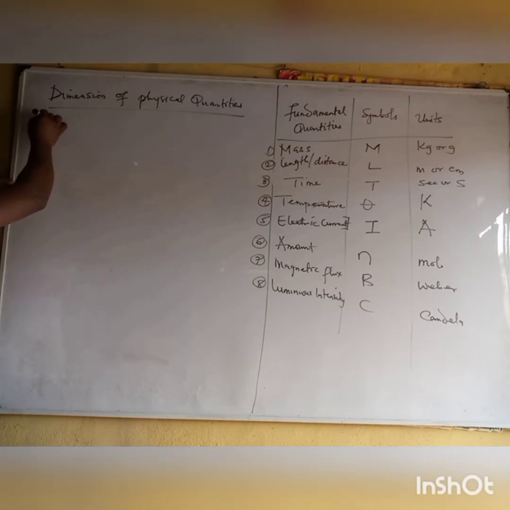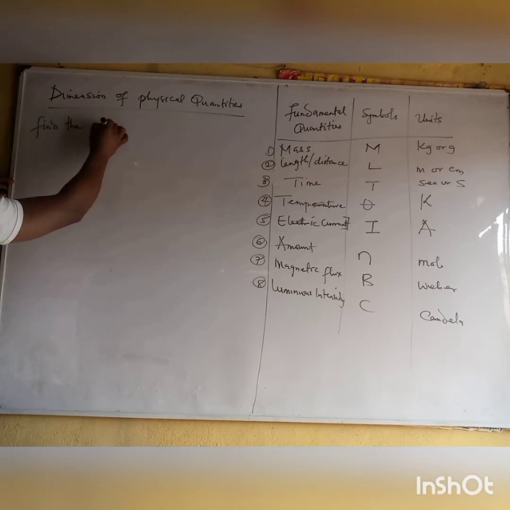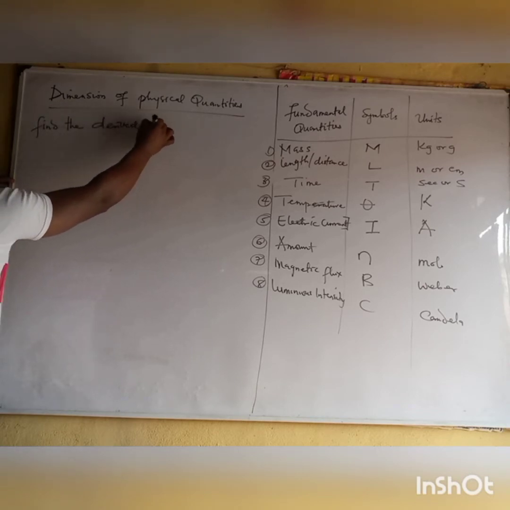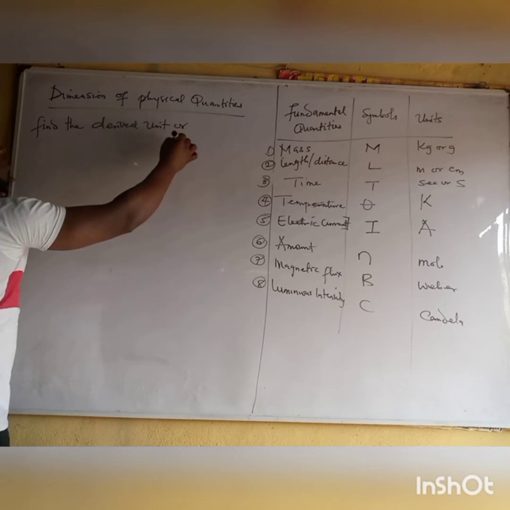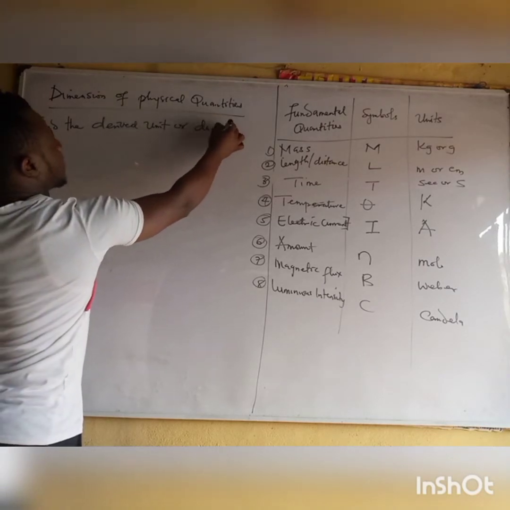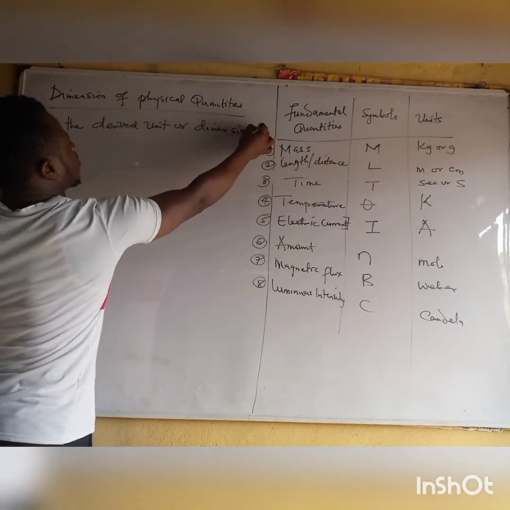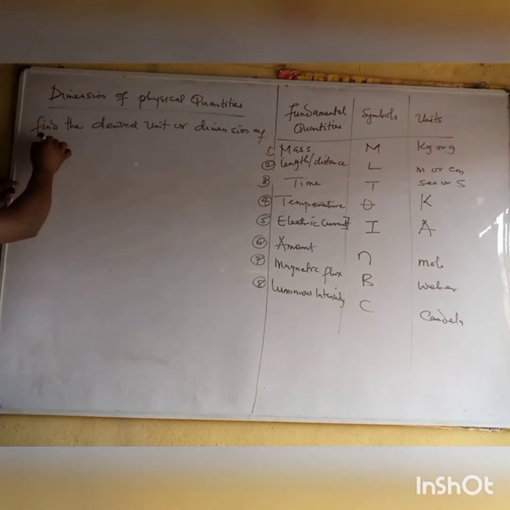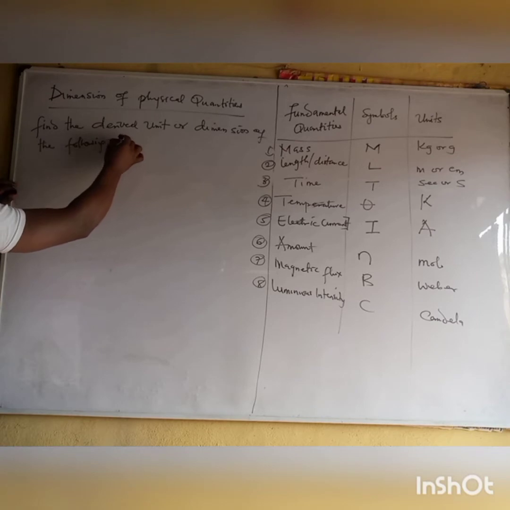We are going to find the derived unit or dimension of the following quantities.